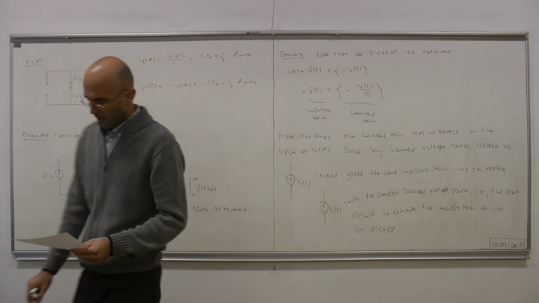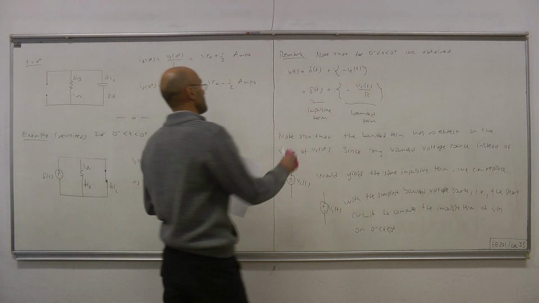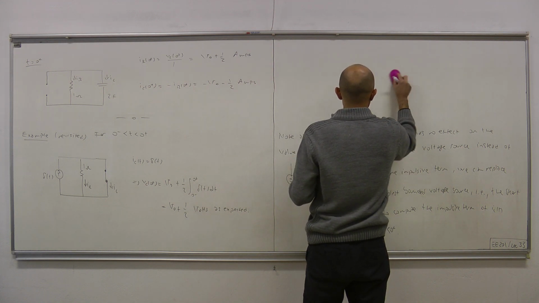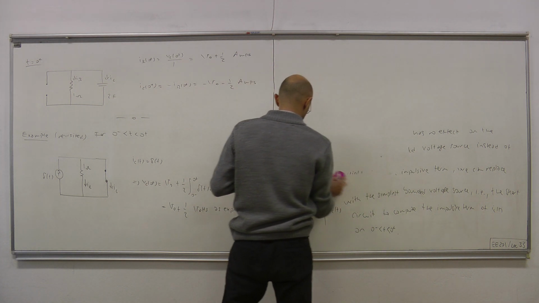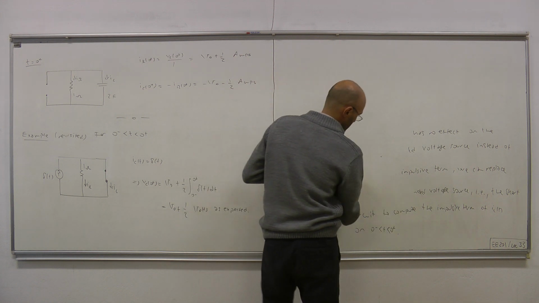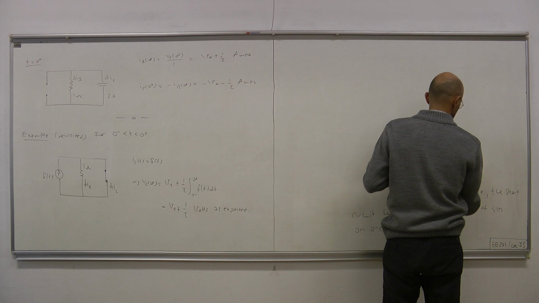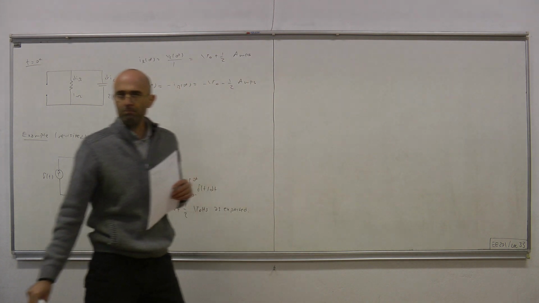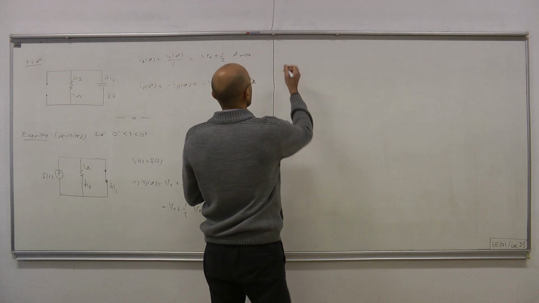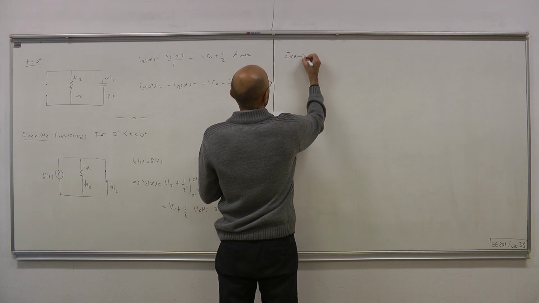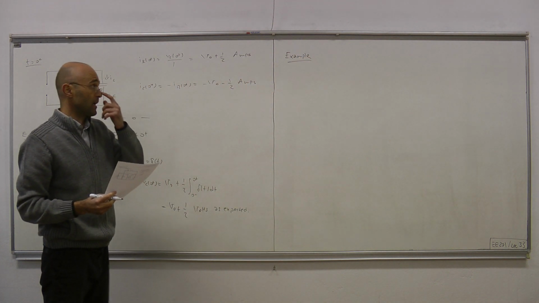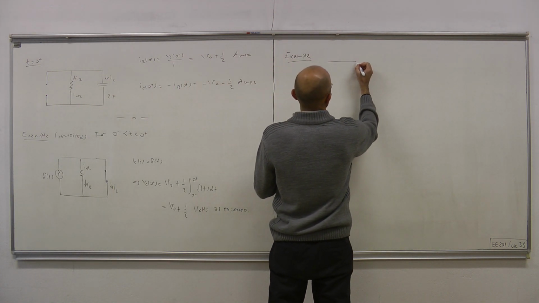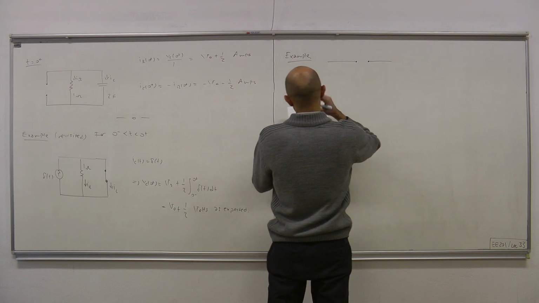Now let's consider the last example for this lecture. In our final example, we have no source, only a capacitor and an LTI resistor, and also a switch.